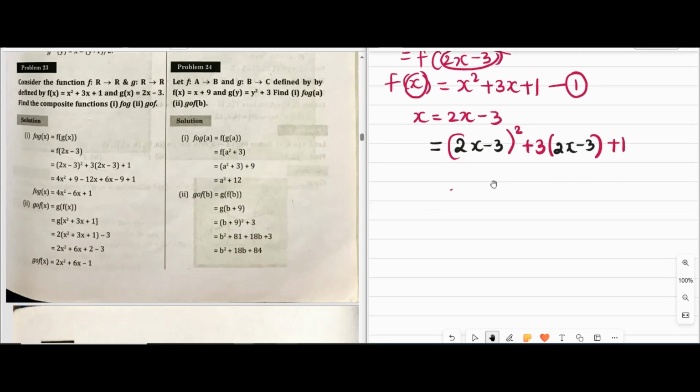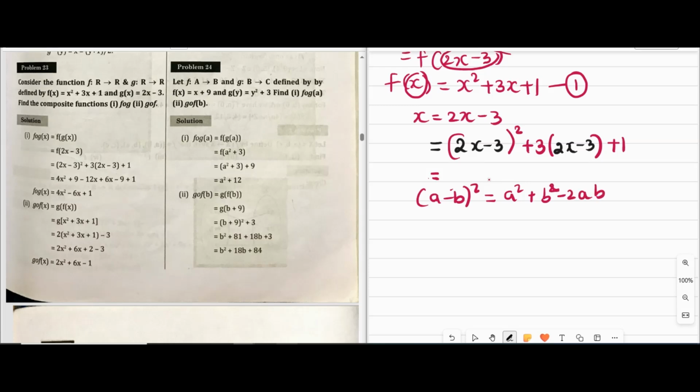Now (2x minus 3) whole square is in the form of (a minus b) whole square, and the formula is a square plus b square minus 2ab.